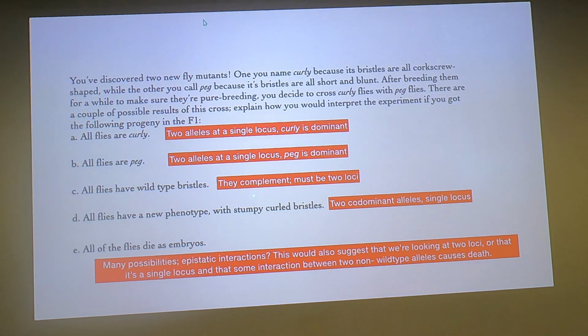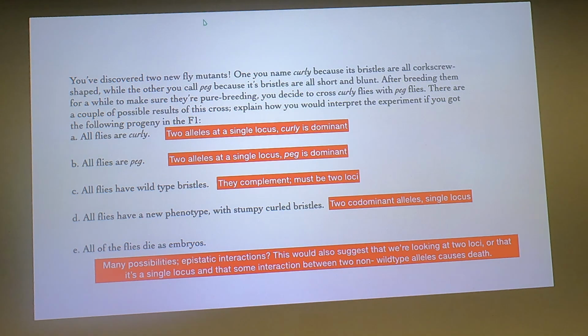So that, if it's epistatic, that would suggest we're looking at two loci. But it's also possible that you've just got some interaction between two alleles at one locus that leads to lethality. Sometimes a double mutant at one locus is just too much. Again, think back to that agouti and yellow effect.